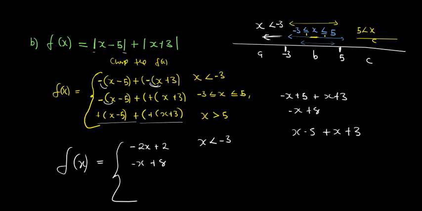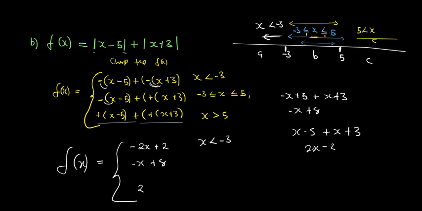So this is now 2x, then minus 2, because minus 5 plus 3 is minus 2.